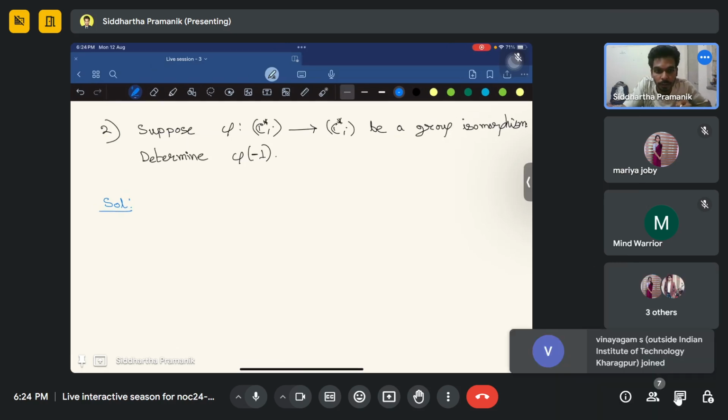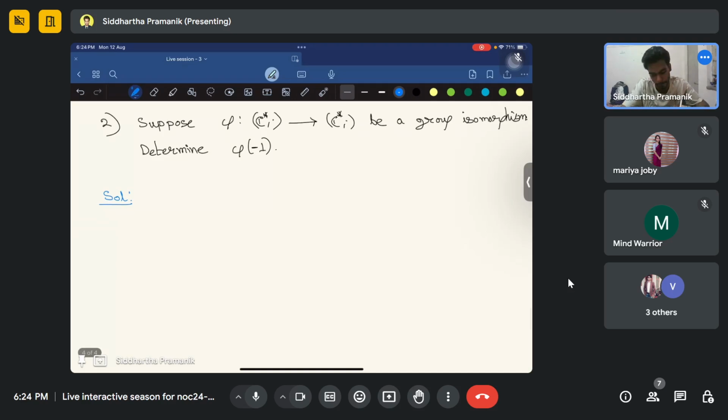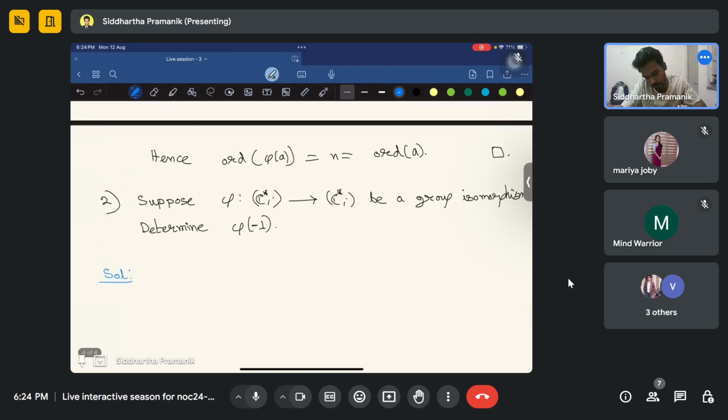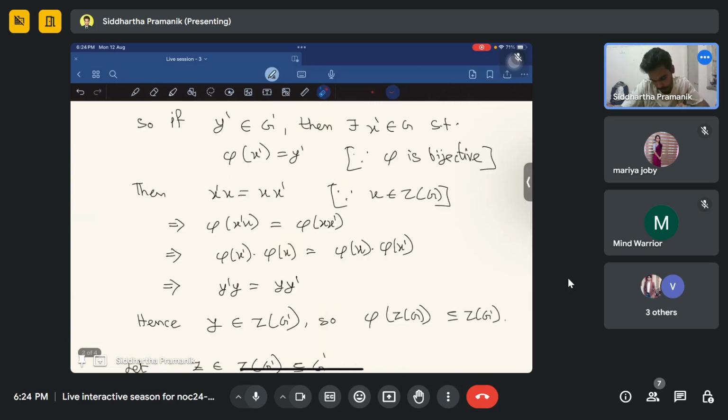Yeah, anyone? Can you guess what is the image of -1 under phi? Okay, so let me go back to the properties.